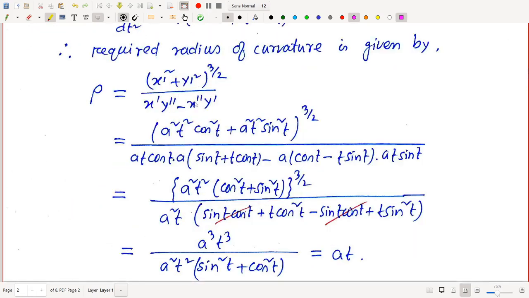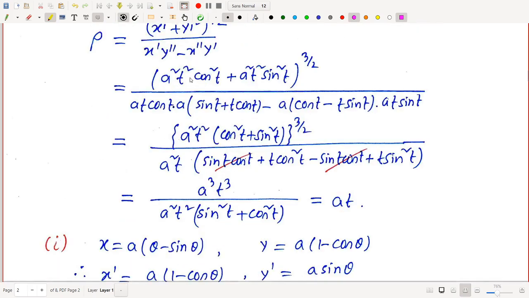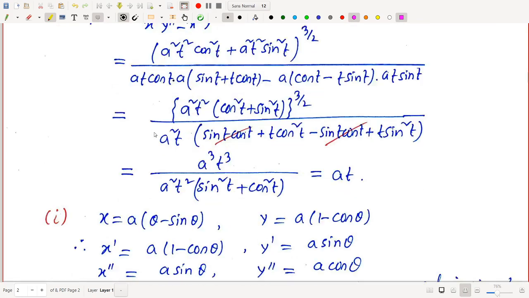Similarly the value of x double dash is a(cos t − t sin t), and the value of y dash is a t sin t, substituted. Then a²t² is common, cos²t + sin²t is 1, so it will be only (a²t²)^(3/2), which means a³t³. See, a³t³ is there. Then in the denominator, a into a, a²t is common; here this cos t is taken inside, cos t sin t + t cos²t, and here this sin t is taken inside, minus cos t sin t and minus minus plus t sin²t.